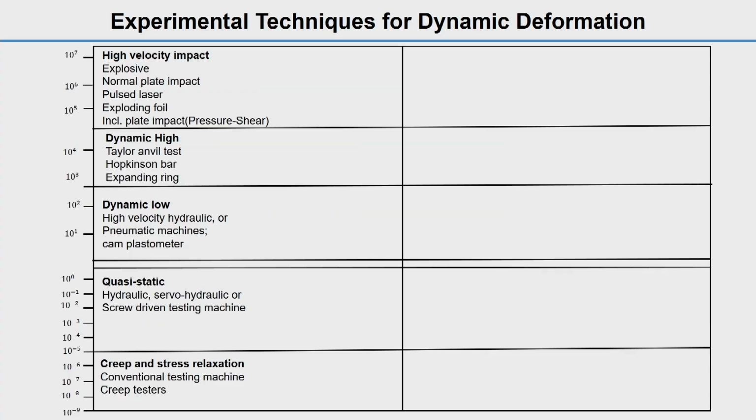We have even discussed different strain rates. So here in this slide is increasing order of strain rate. I will write epsilon dot for strain rate. At a very low strain rate, 10 to the power minus 7 or minus 8, we can consider creep and stress relaxation.